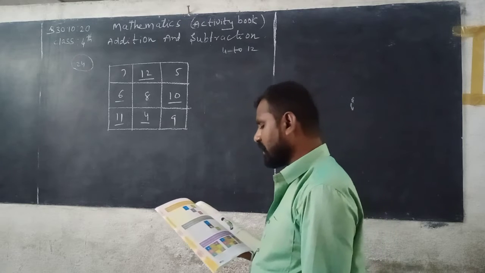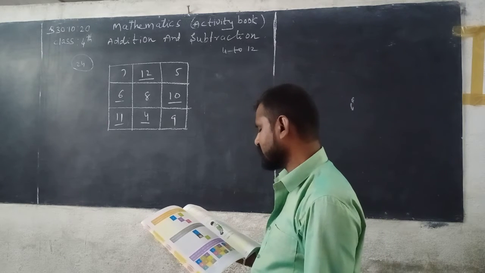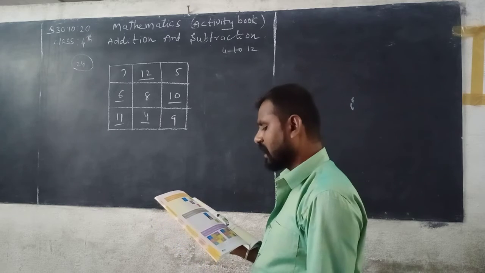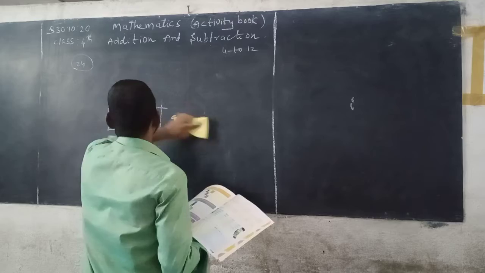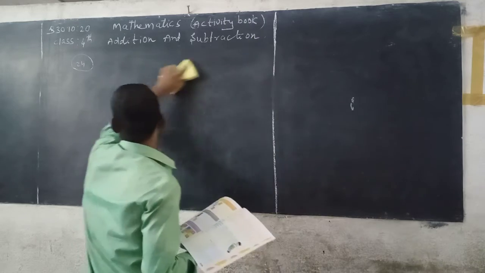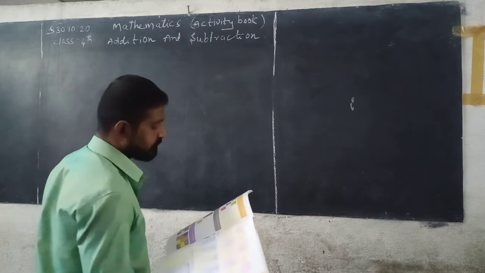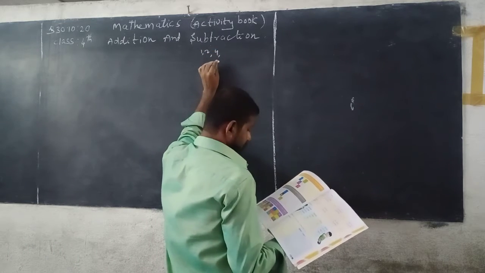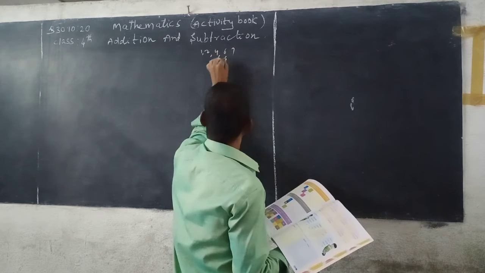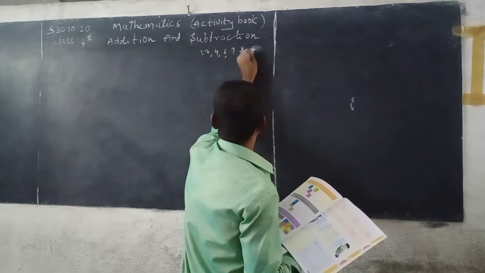Now next, write the numbers 1, 2, 4, 6, 7 and 8 in the correct places so that each side of the square adds up to 12. So the given digits 1, 2, 4, 6, 7 and 8.